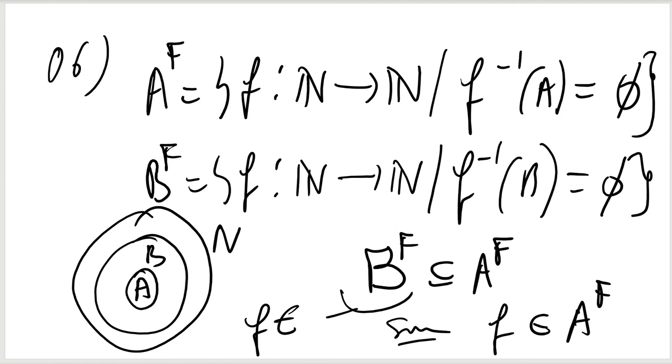And to show that f is in A_F, you must show that this f that you picked in B, because B is described this way, this same f should be in this set, right? I'm not certain about this set B, but for A you are given it, and I assume that for B it will be something similar. So that's what you have.